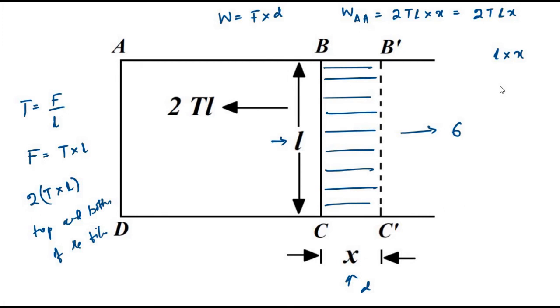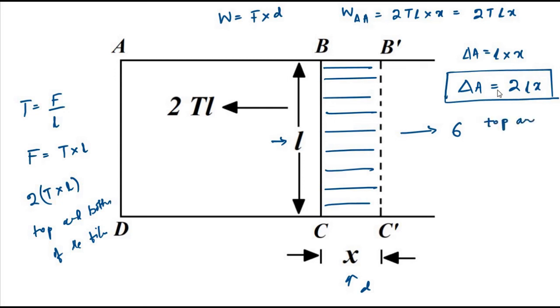So this is the increase in area. But since both top and bottom surfaces are considered, the total increase in area is equal to twice of that, 2Lx, for both top and bottom surfaces.